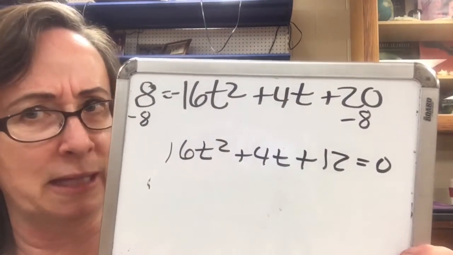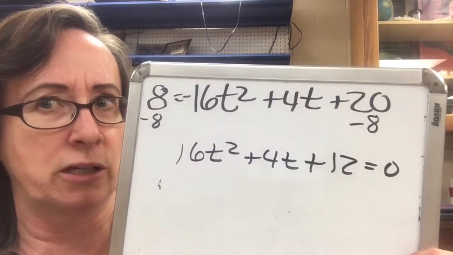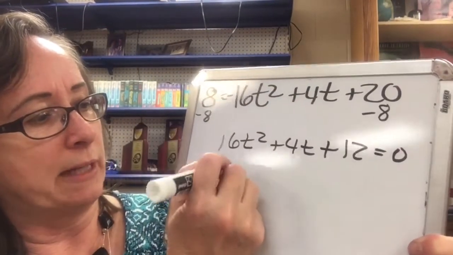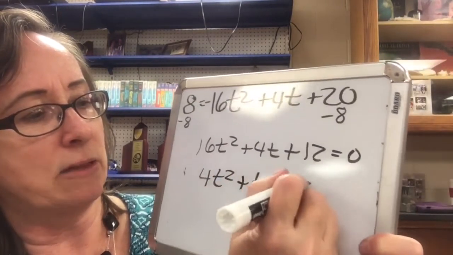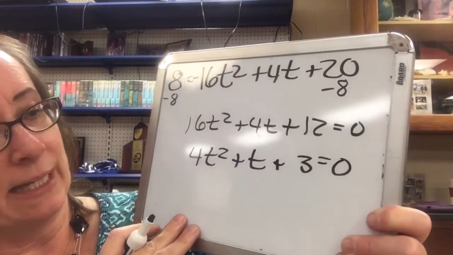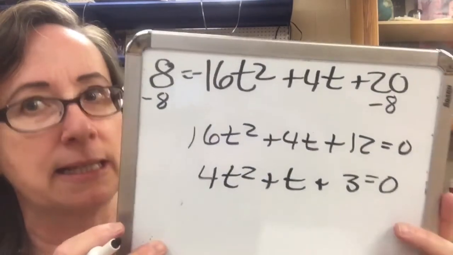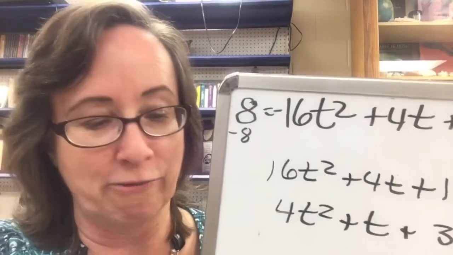Okay, so I have it set equal to 0, and the first thing I would do is divide everything by 4, because remember, I can divide both sides of any equation by a non-zero number. So if I divide everything by 4, I'm going to get 4t squared plus t plus 3 equals 0. Then I look and ask, does this factor? Well, it probably doesn't, so I'd use the quadratic formula.